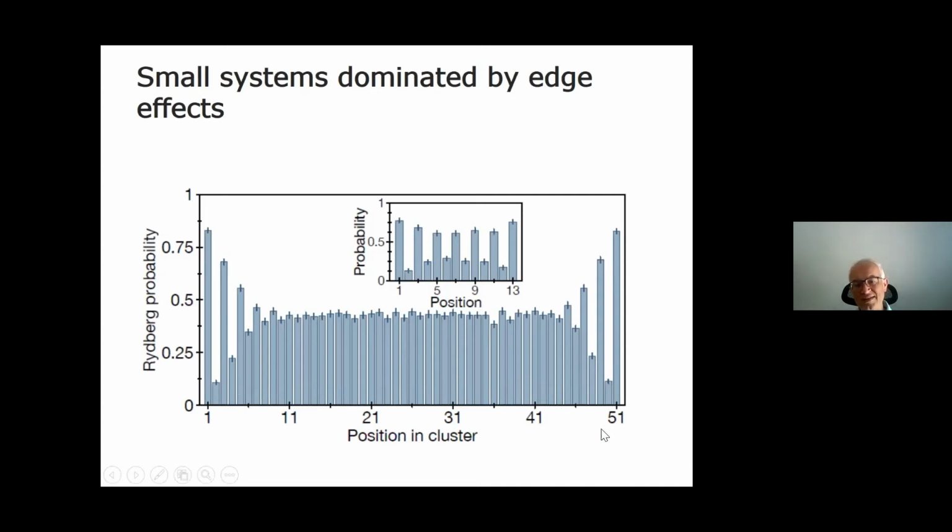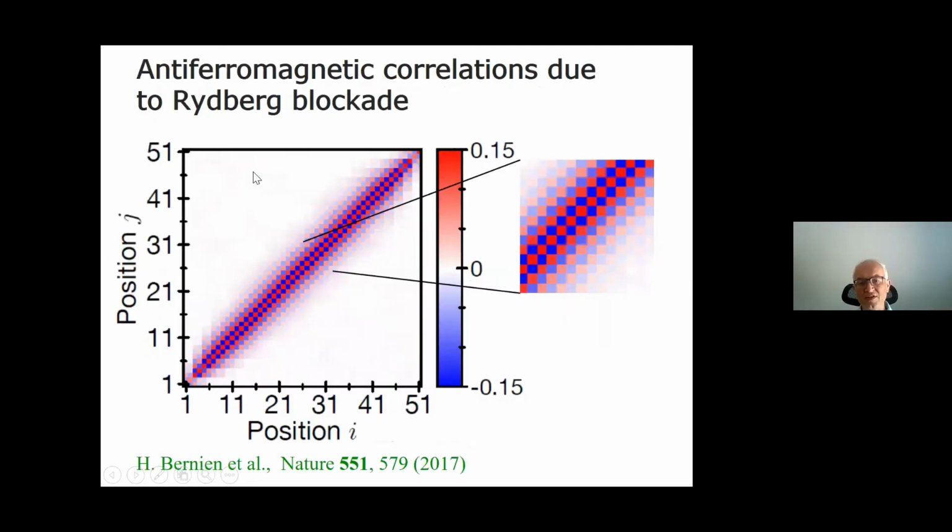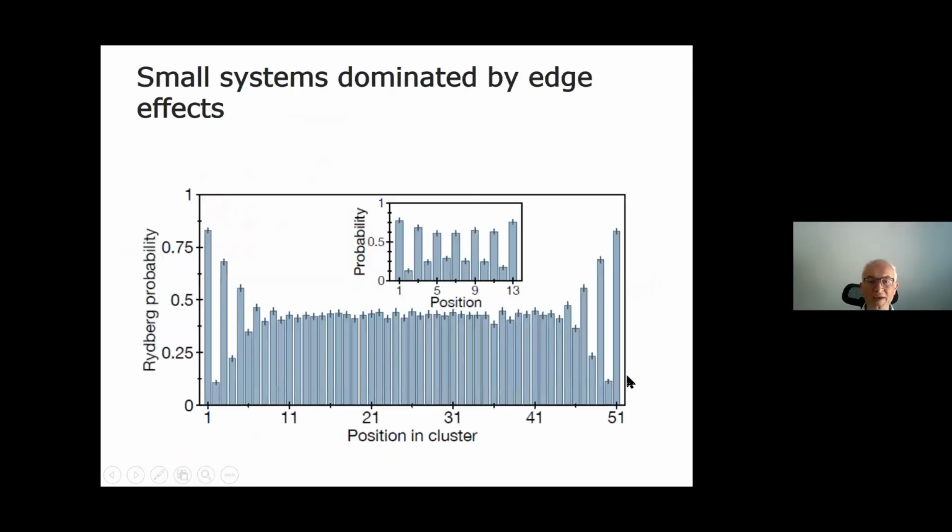But for the larger systems, because we have domain walls in this antiferromagnetic ordering, inside this bulk the edge effects have dropped away, and we have an average population near 1/2 of finding an atom in ground or Rydberg state, but we still have these strong correlations between neighboring atoms corresponding to these antiferromagnetic domains.